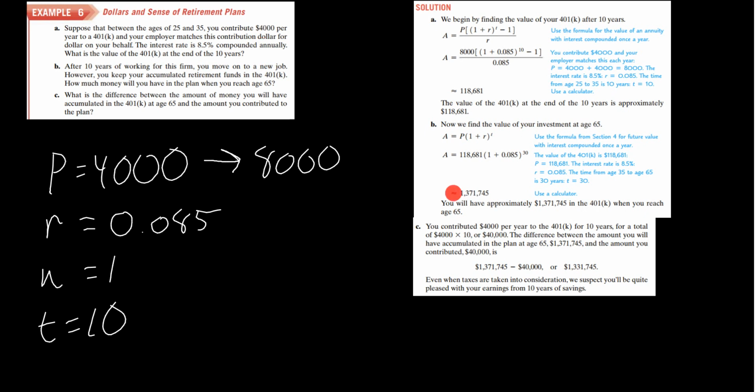Well, our account is 1.3 million, and then we subtract the 40,000. So the interest that we got was about 1.3 million, and that's pretty darn good for paying $4,000 a year for 10 years. Of course, that was you starting out very young.